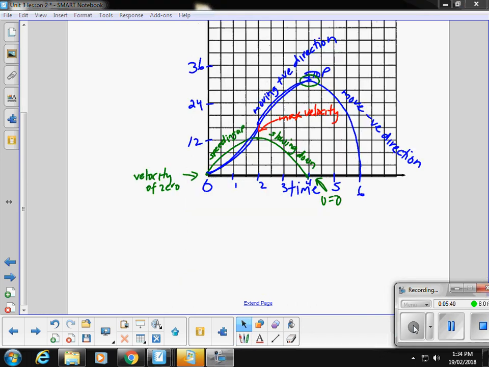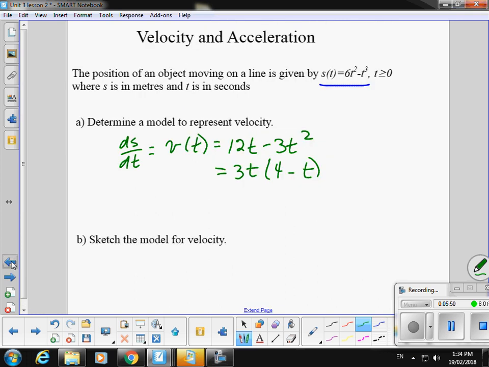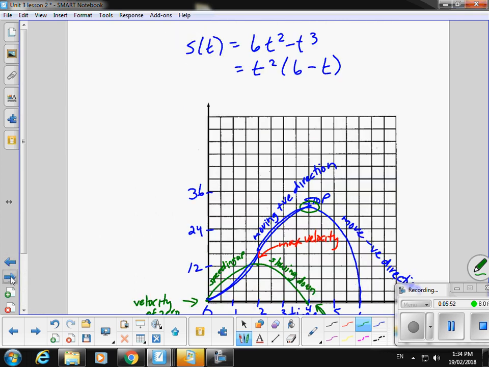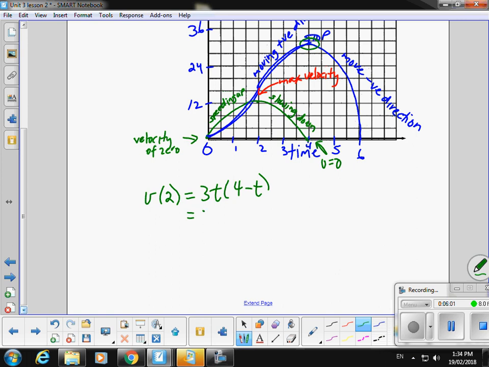I referred to the fact that the velocity is 12, but we could use a simple substitution to determine the velocity at 2 seconds. 12t minus 3t squared, we have 6 times 2. It is 12. So the velocity is 12 at 2 seconds.